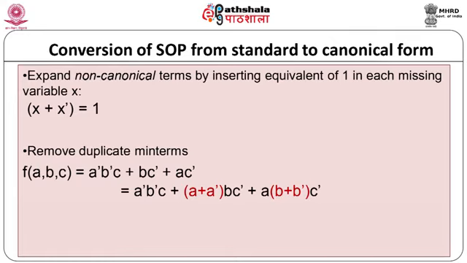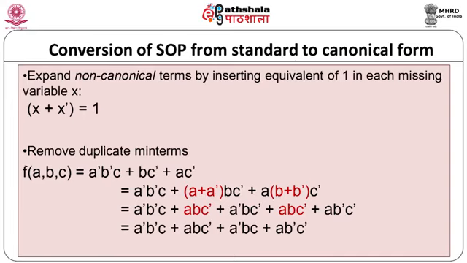Similarly, in the third term b is missing. So, we can add b OR with b bar, and let us expand. It is observed that a, b, c bar is duplicated. So, let us eliminate that duplicate term, and finally, the sum of product form can be represented as a sum of min terms as shown here.